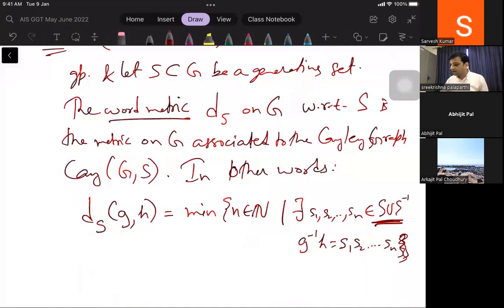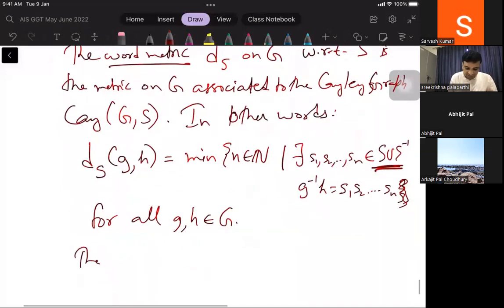Many of you find that S inverse is not needed. So even over there, even if we remove S inverse, here we need the S inverse for symmetry. And so this defines a distance for all G, H.